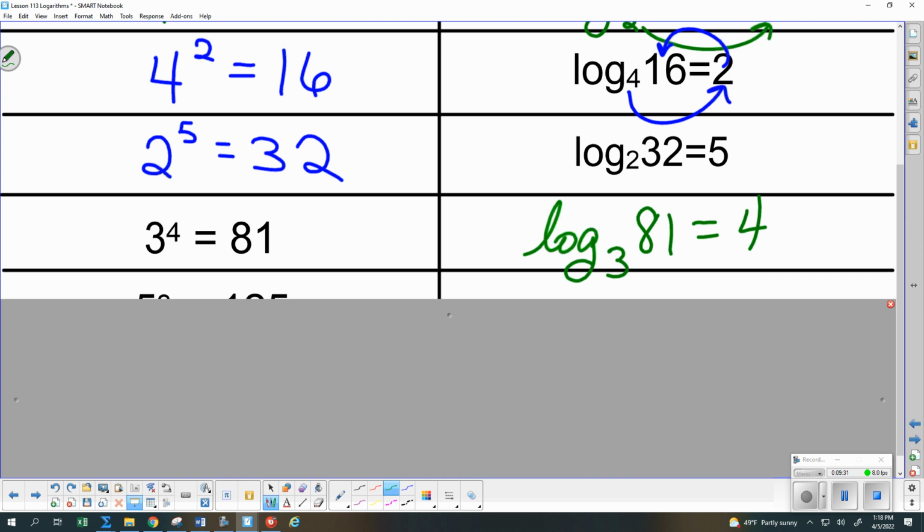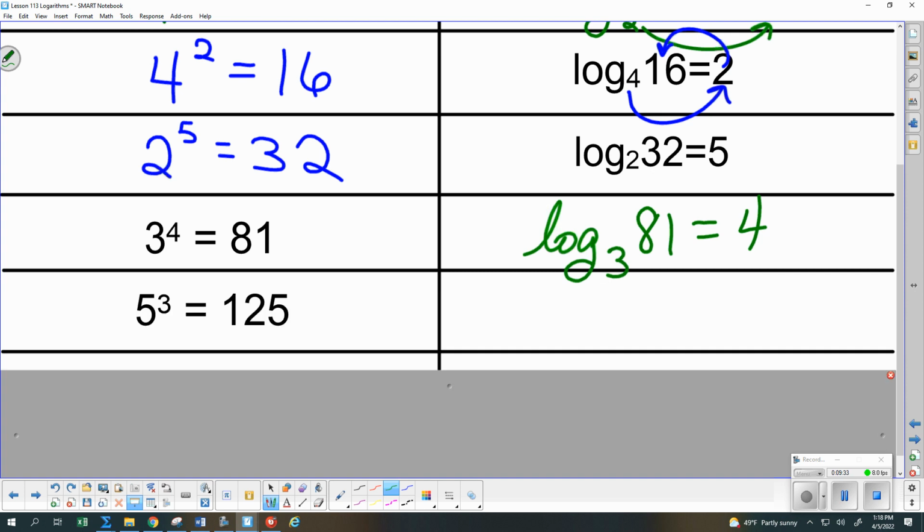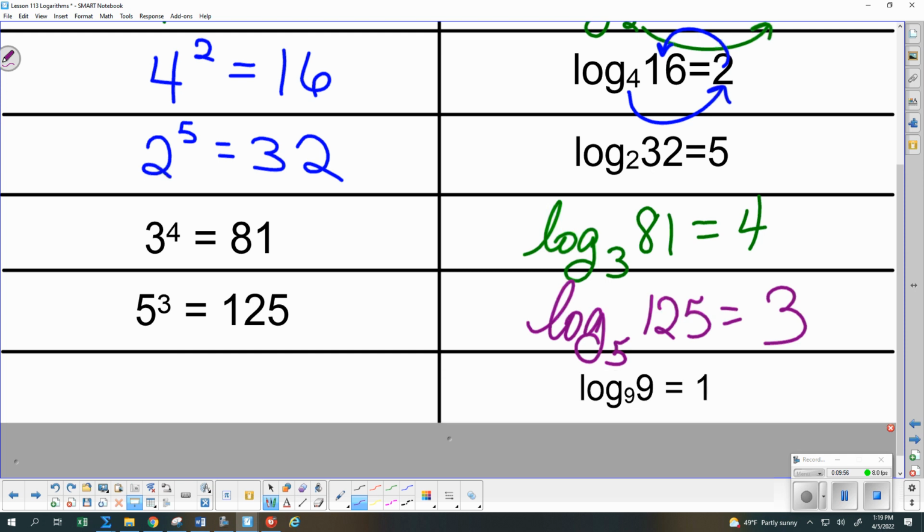Does that one make sense to everybody? Riley, what would you do with this one? So we're getting a little bit more fluent with this the more we practice. We're getting where we're saying these correctly. Log base 5 of 125 is 3. The log equals 3. The log is the exponent. 3 was indeed the exponent.